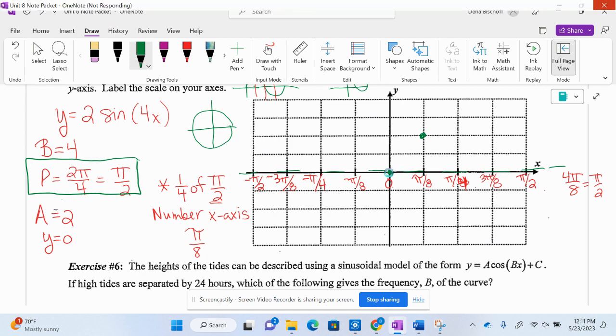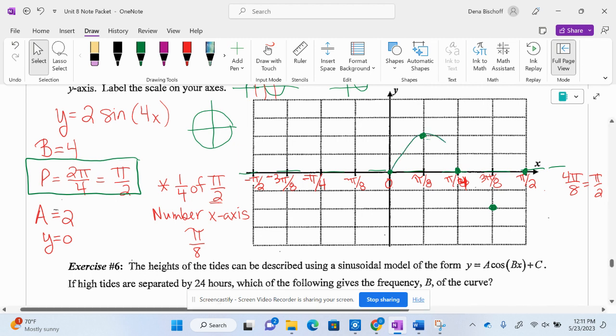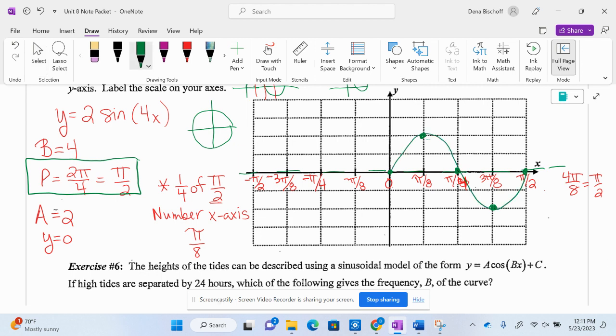Then I come back down, so I'm at the midline at pi over 4. And then for 3 pi over 8, I'm going to dip down to negative 2, and then come back up to the midline. So this is the right side of my graph.